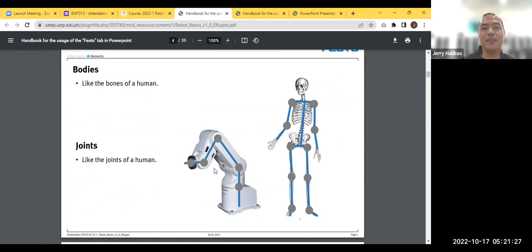Considering that most of the work done by humans is performed by the hands and arms, for industrial applicability what was mimicked is the human arm. That's why it's an industrial robot arm.